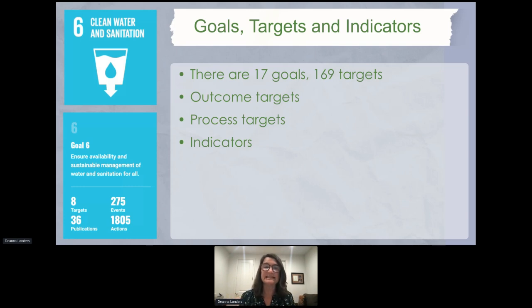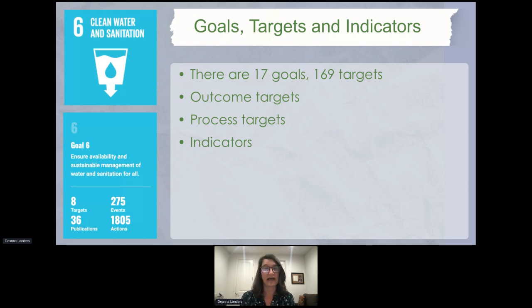When you dig down into them, they each have targets. Over the 17 goals, there are a total of 169 targets. Some of them are outcome targets. You can look at it as, we want this outcome by 2030. Some of them say by 2020, we want a particular outcome.